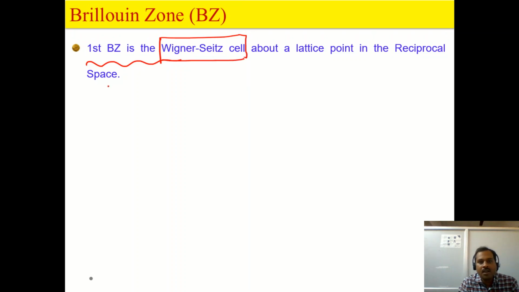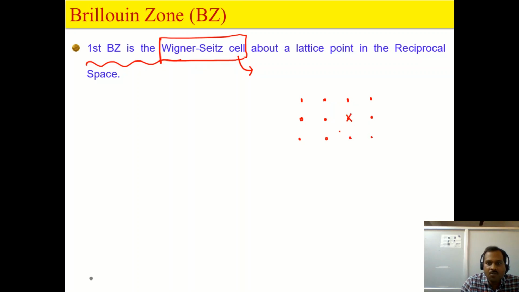If you recall, in the module of crystal structure we have discussed the meaning of a Wigner-Seitz cell. If I want to construct the Wigner-Seitz cell around a given lattice point, I have to cover the area which is closest to that lattice point than any other lattice point. Suppose I am having lattice points like this, and I am focusing on this particular point.